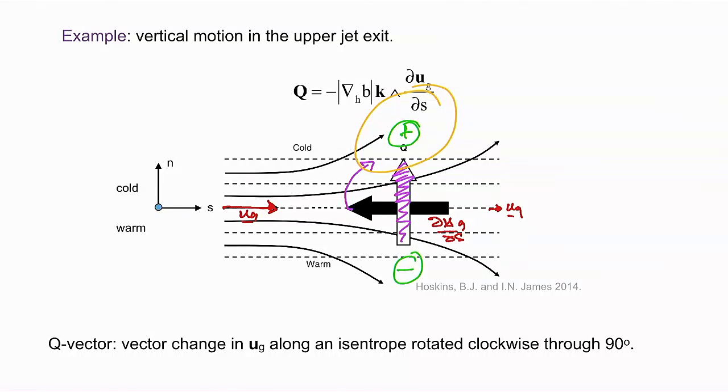Forecasters also look for where you have the jet exit on the cold side overlapping with the jet entrance from the next jet. So you get this doubly upward motion. All right, so that's one of those things you should be looking for in your charts.